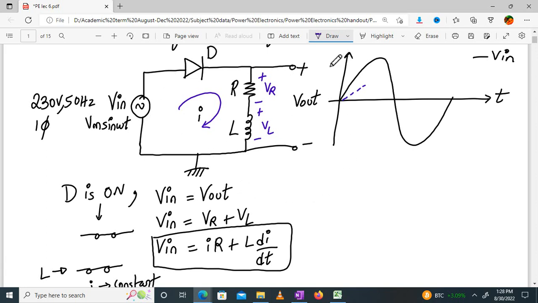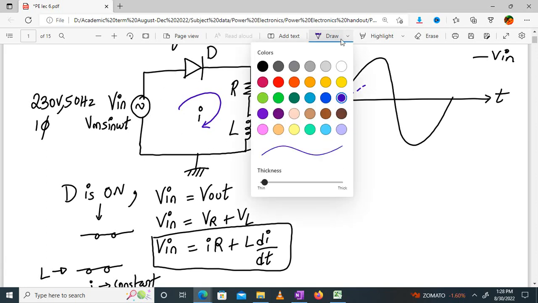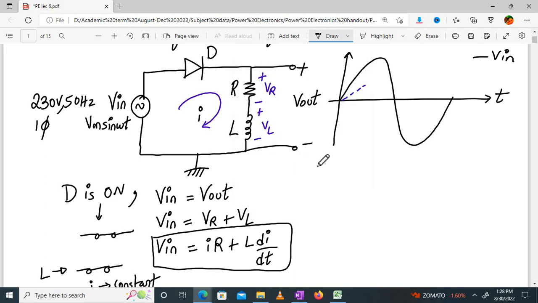So according to this equation, let me rewrite it over here. Vin is equal to IR plus L di by dt. So my current is changing. That means di by dt will be positive. Current is not constant, current is increasing. IR will be positive, R is constant, I is increasing.